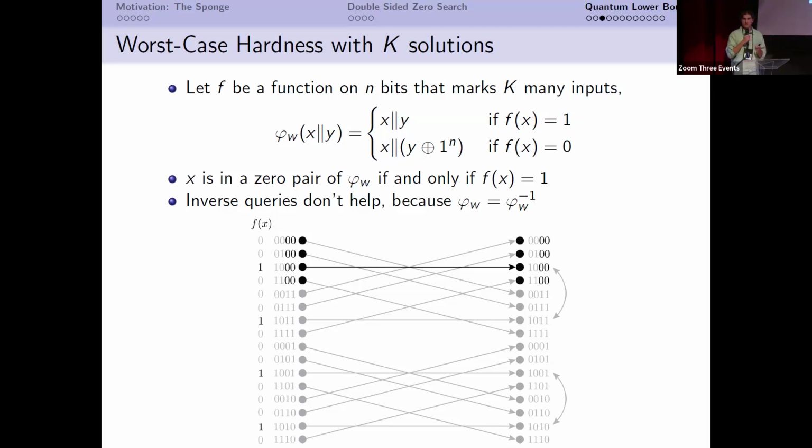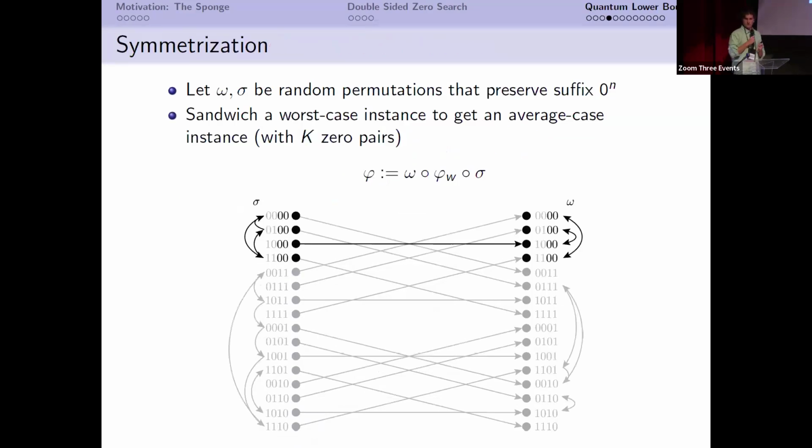Now, to get that it's hard to find zero pairs in a random permutation, we what we call symmetrize to make this a random permutation, which is again a pretty simple procedure. We sample two permutations, I'm calling them omega and sigma, that both preserve the property of ending in 0 to the n, so they preserve the suffix. And then we sandwich the worst case instance between these two permutations.